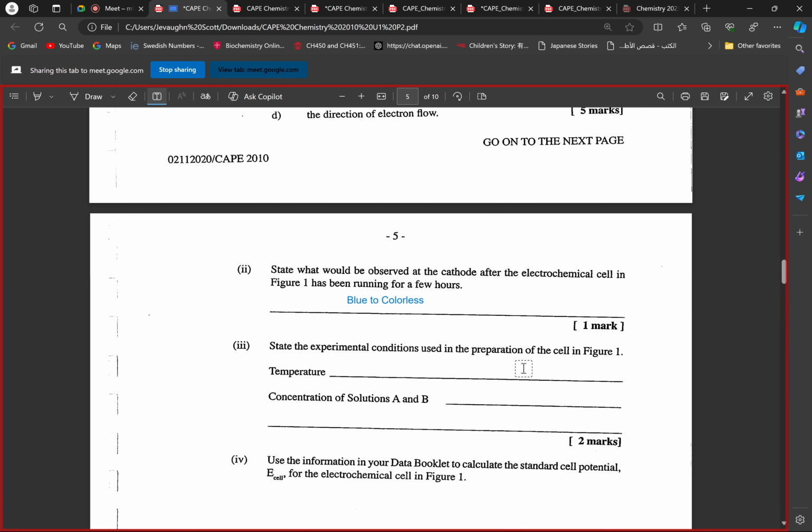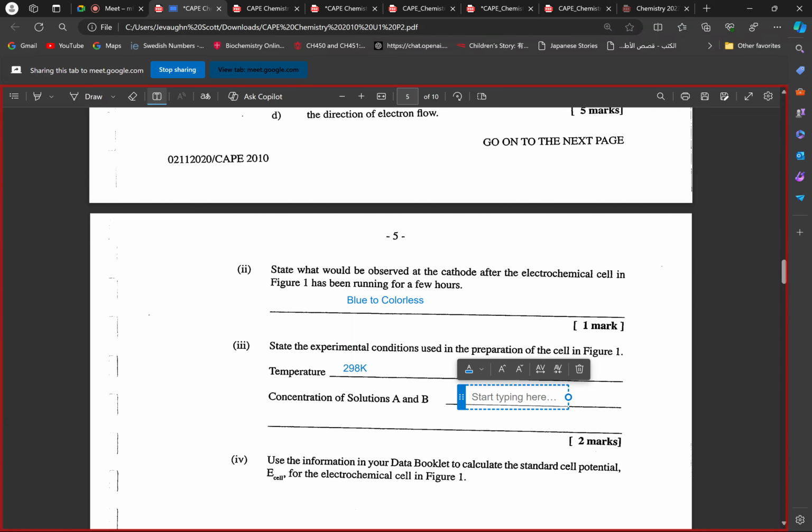State the experimental conditions for the preparation of this cell. For the temperature, it must be 298 Kelvin, or 25 degrees. Whereas, as a scientist, I do not believe in Celsius. I do not believe in such units.